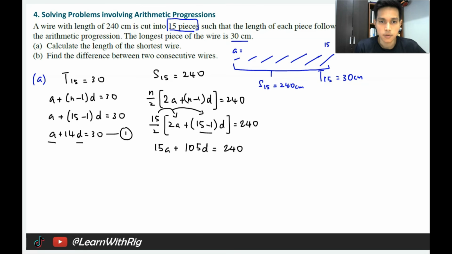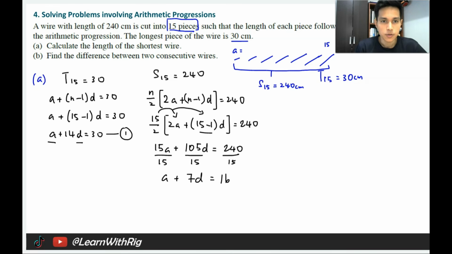Here you can actually simplify by dividing each of the values by 15. So you should get a plus 7d equals 16.